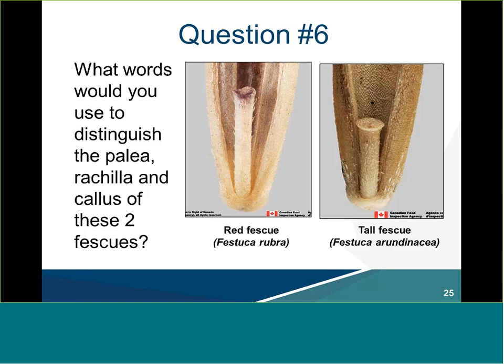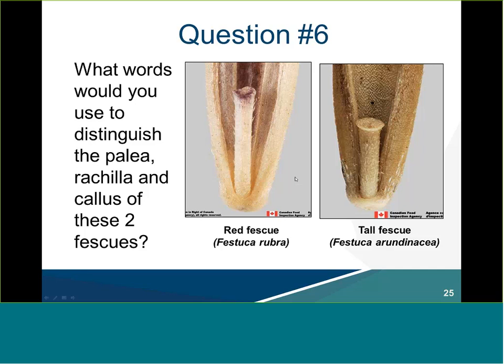But tall fescue seems to have, across the board, a really well-developed cap at the top. And you can't see it with a front view, but hopefully fact check me that the rachilla of red fescue stands away from the palea, while the rachilla of tall fescue nestles in between the lemma and rests on the palea there.